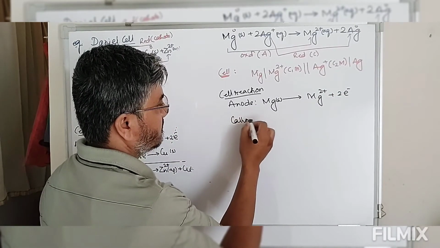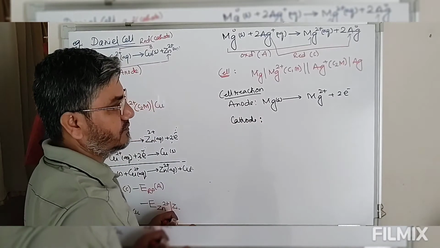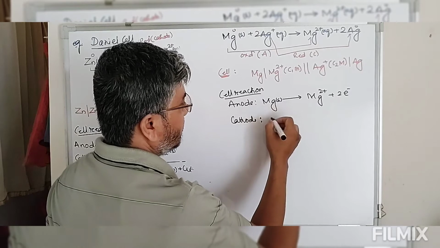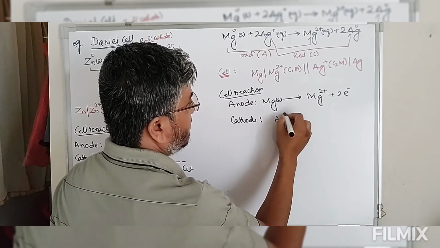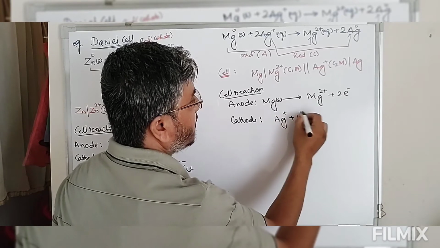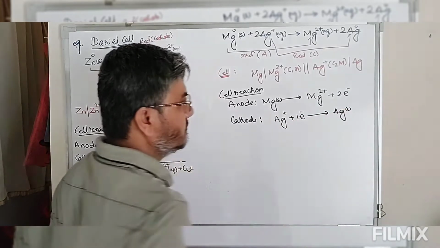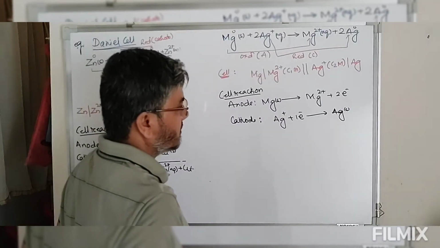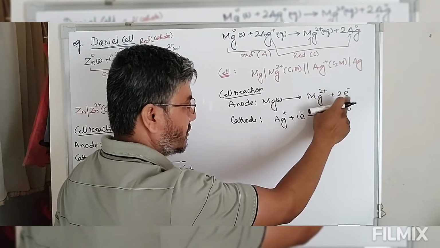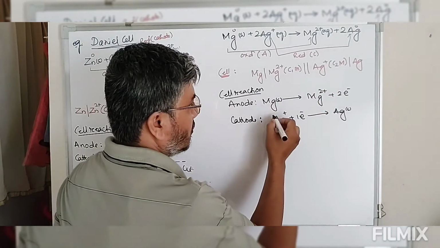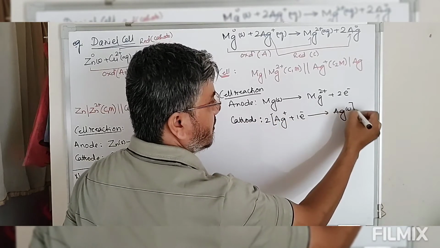Cathode: Ag plus will take up 1 electron and is converted into Ag solid. Now look at this, in anode 2 electrons are released, so these 2 electrons must be taken up by cathode. So to make it 2, we multiply this equation by 2.